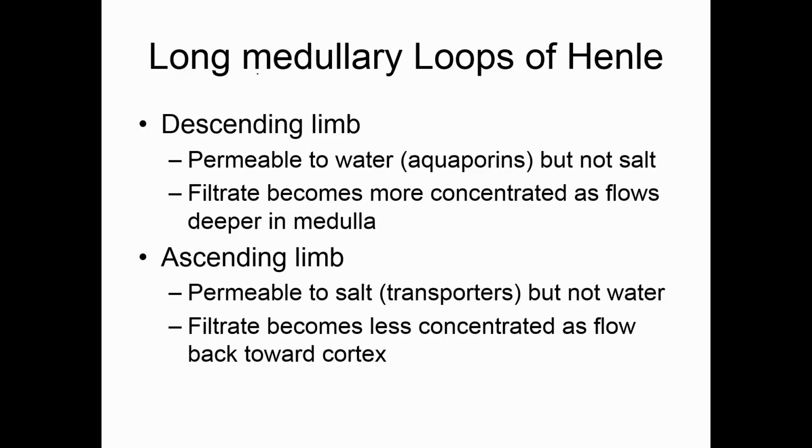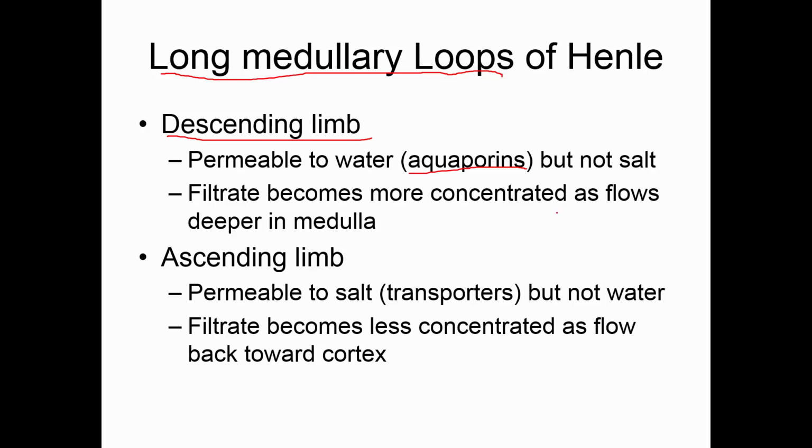And this happens in all the loops of Henle, but is particularly impactful in those long loops of Henle in those juxtamedullary nephrons. So, what's going on in the loop of Henle? Well, it has a descending limb, and the descending limb has aquaporins, and therefore the descending limb is highly permeable to water. But there are no transporters for electrolytes.